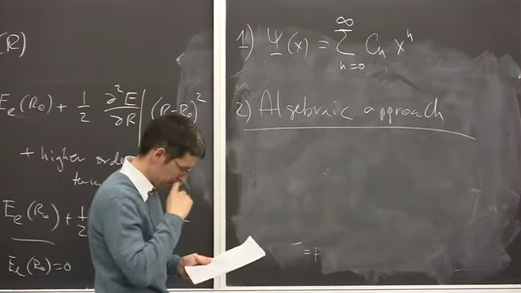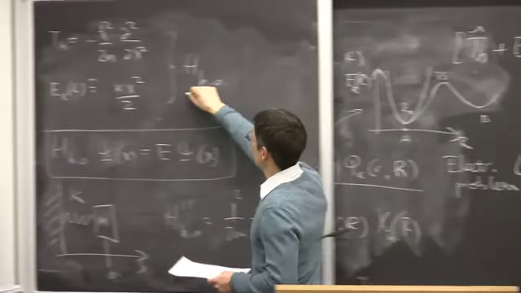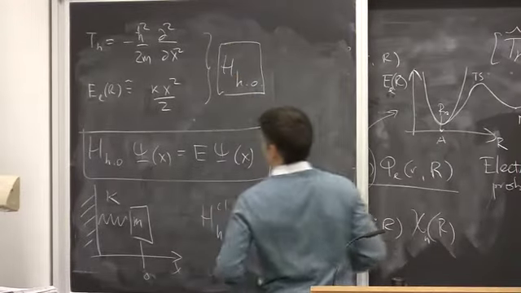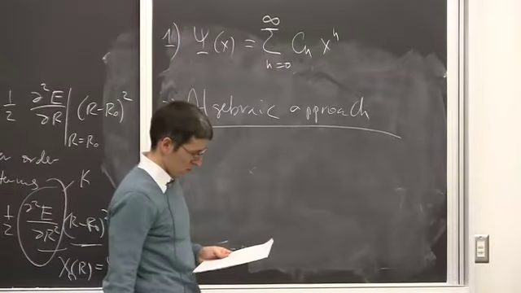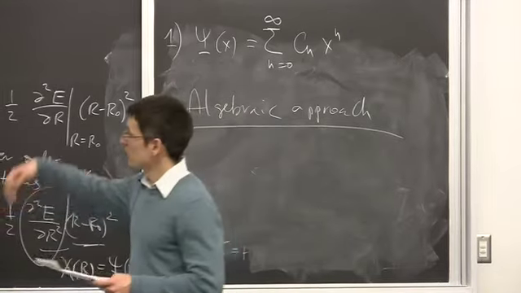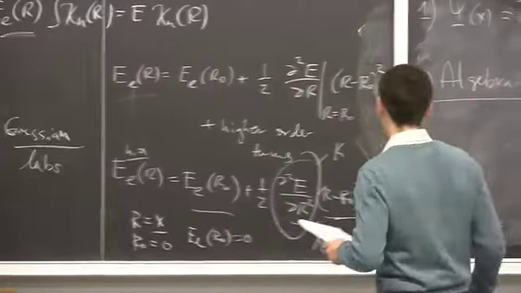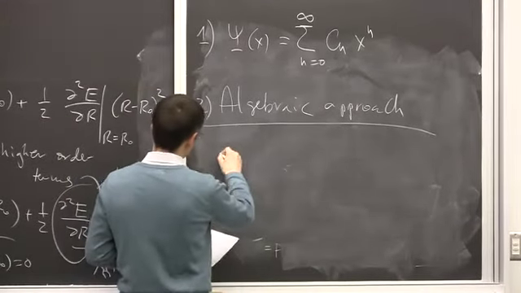Before we move on, this Hamiltonian can be made somewhat more tractable, or reduced to an even simpler form, by absorbing mass into the coordinate.